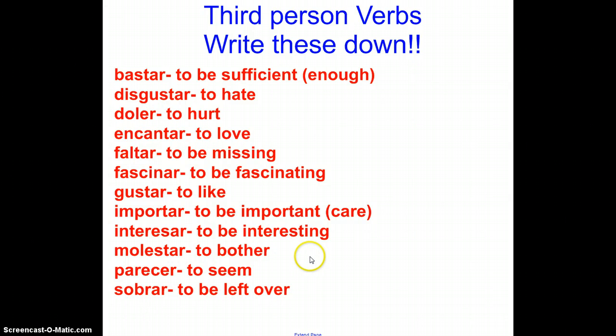These are just the most common third person verbs. At this point, you should go ahead and pause the recording and write them down into your notes.